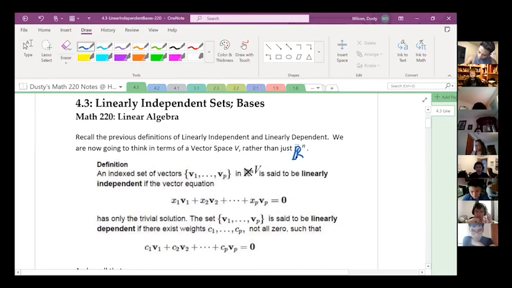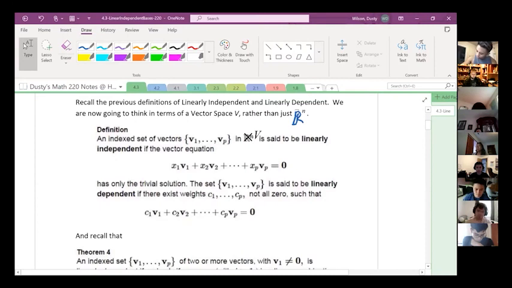So let's look at a definition. So we said an indexed set of vectors V1 to Vp in Rn is said to be linearly independent if the vector equation x1 V1 plus ... plus xp Vp equals 0 has only the trivial solution. What do we call this equation right here? What's the name of this equation? Yeah, thank you, Evan.